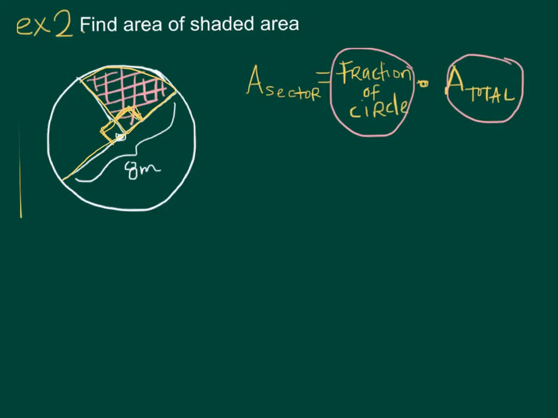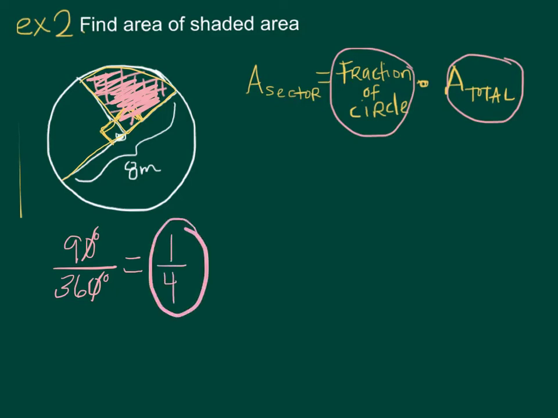That means that this pink section right here represents 90 degrees of 360 degrees. Now if I simplify that, divide by 10, and then divide by 9, 90 degrees of 360 represents 1/4 of the circle. And that's the value that's going to go in here.